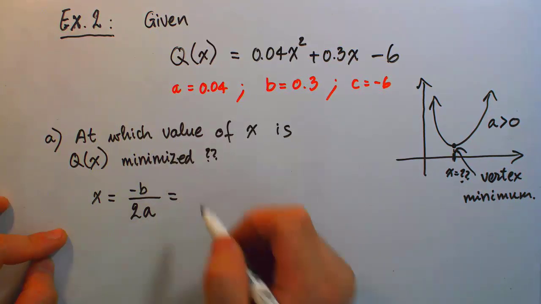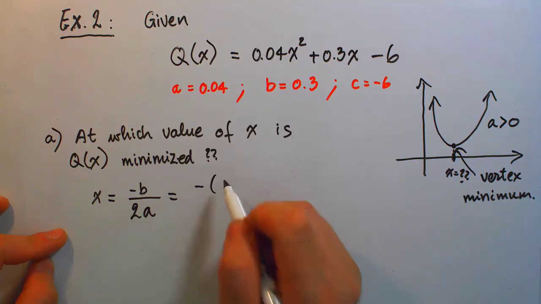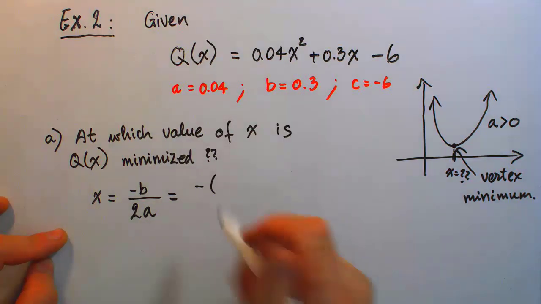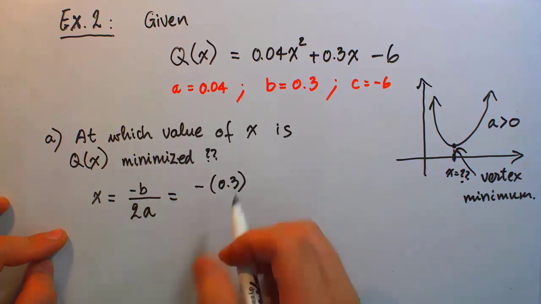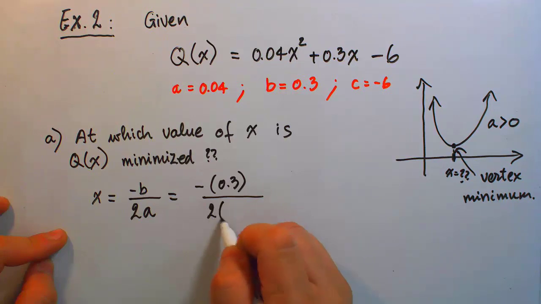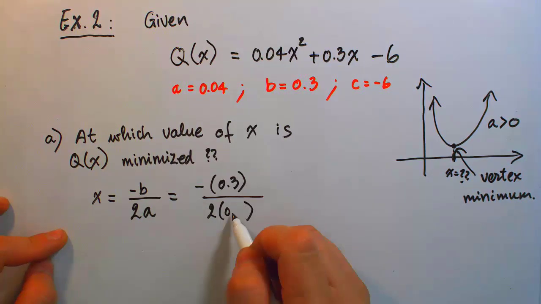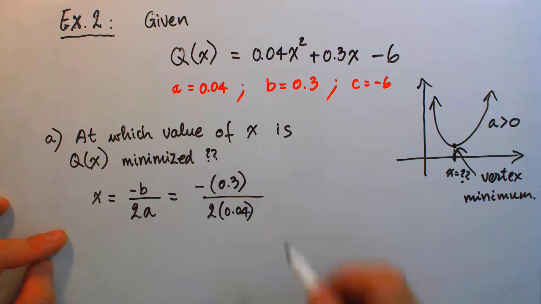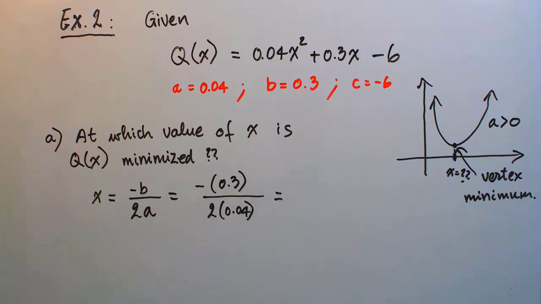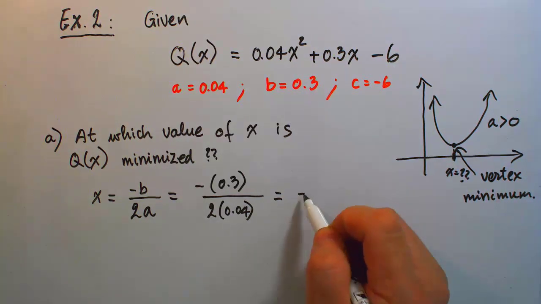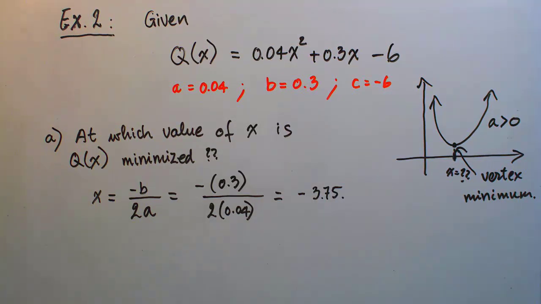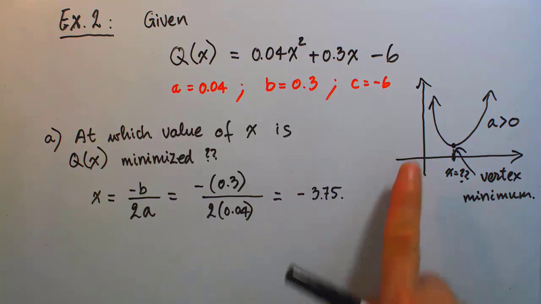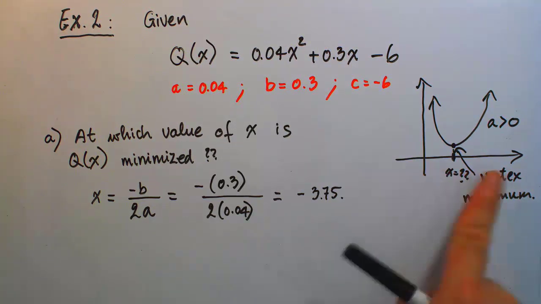Your b value was recognized previously to be 0.3, so I'm substituting that into the b variable of the formula, and dividing by 2 in parentheses positive 0.04, which in turn calculation comes out to be negative 3.75. Of course, negative here looks a little bit inconsistent with the picture I'm drawing, because it seems like the way I placed my parabola, it was more on the positive side of the x-axis. But it's okay, here I'm only representing the idea.